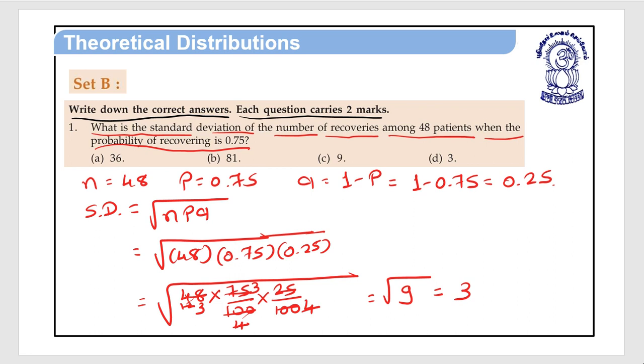So here standard deviation SD is equal to 3. Which option is suitable? Option D. Option D is the answer of question number 1.